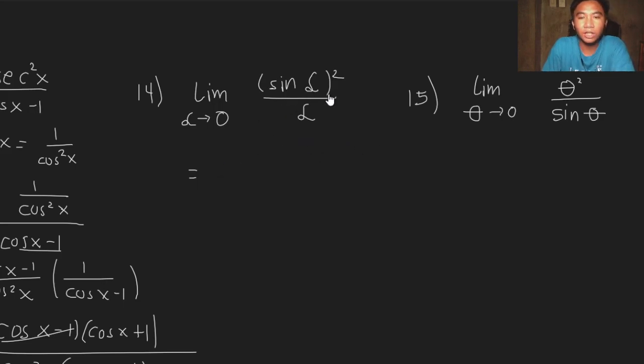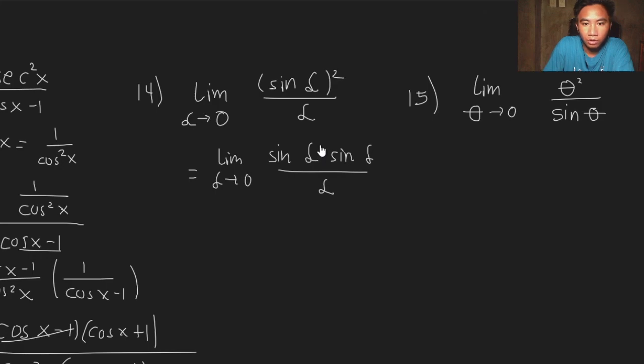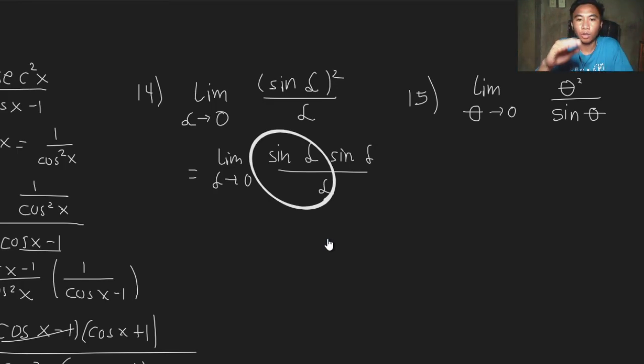So, itong sine alpha, the quantity squared, is the same as sine alpha multiply to sine alpha all over alpha as the limit as alpha approaches to 0. So, ito, siya sa theorem natin, di ba? So, recall lang natin. Ayan. The limit of alpha all over alpha as alpha approaches to 0 is equal to 1.